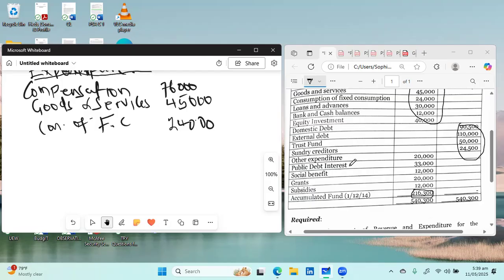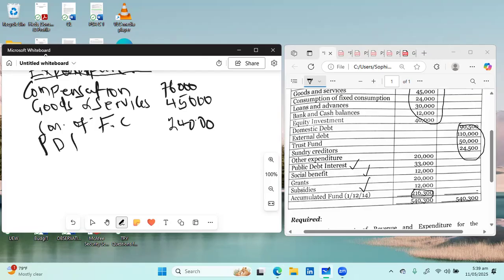Look, this one, public debt interest. Okay. Social benefits. Subsidy. All these are classification of expenditure by the GFS. Are you getting it? Yes, sir. All right. So in order, normally public debt interest.